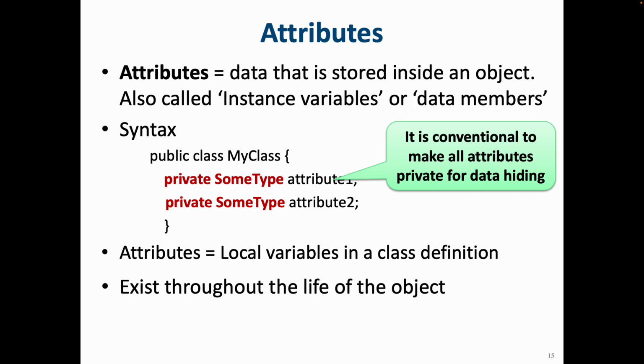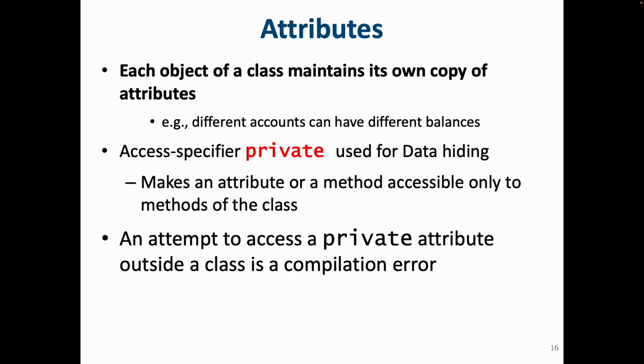So we can only access, read, or write those attributes within this Java file. I created Rectangle.java, and I can use width and height there. But when I go to Main.java, I will not be able to reach them. I will have more explanations for that.